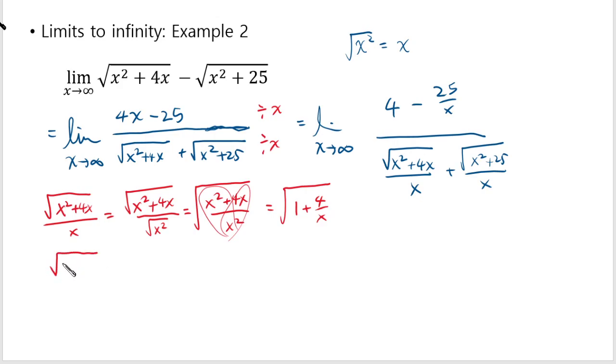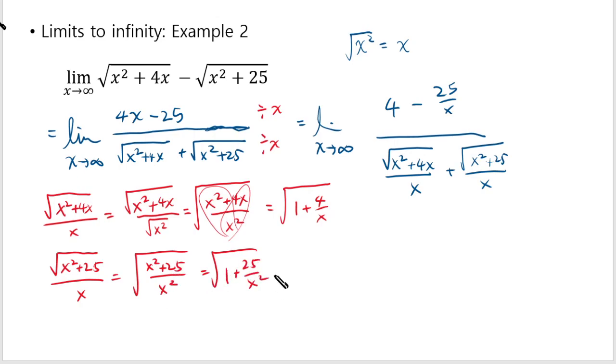Let's do that anyways. Square root of x squared plus 25, over x. When you pull this inside the square root, it's going to turn into x squared. So x squared divided by x squared is 1. 25 divided by x squared is 25 over x squared.